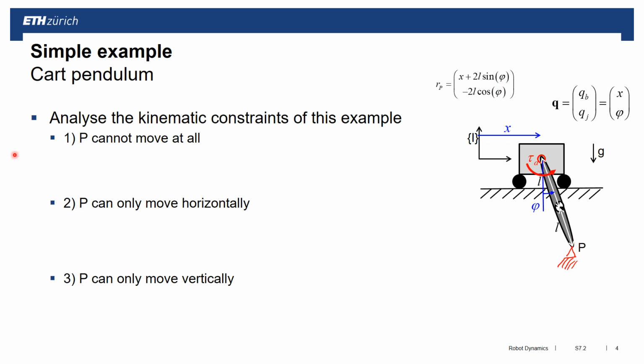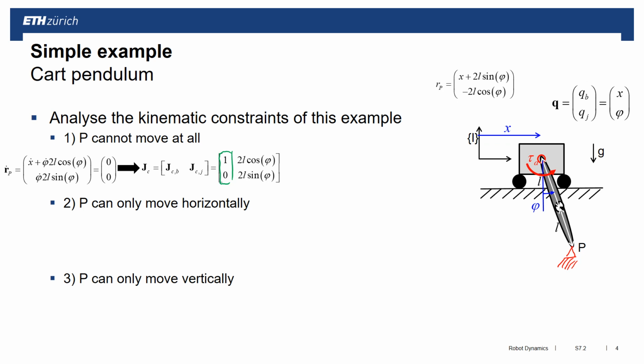P cannot move, so the velocity of point P equals 0. We take the time derivative of this r_P up here and set it to 0. That gives us the Jacobian, and we can split the Jacobian into a base Jacobian and a joint Jacobian. So you have the base Jacobian here, and the joint Jacobian to the right of it.